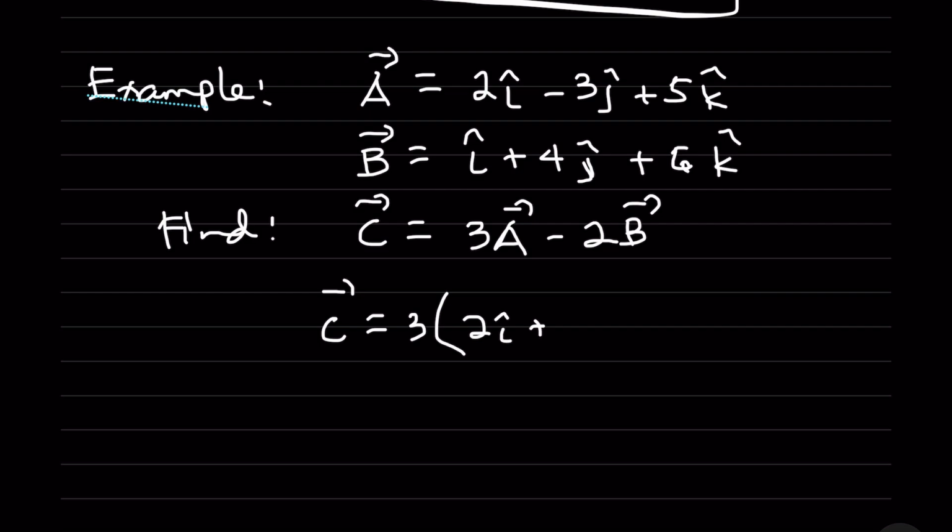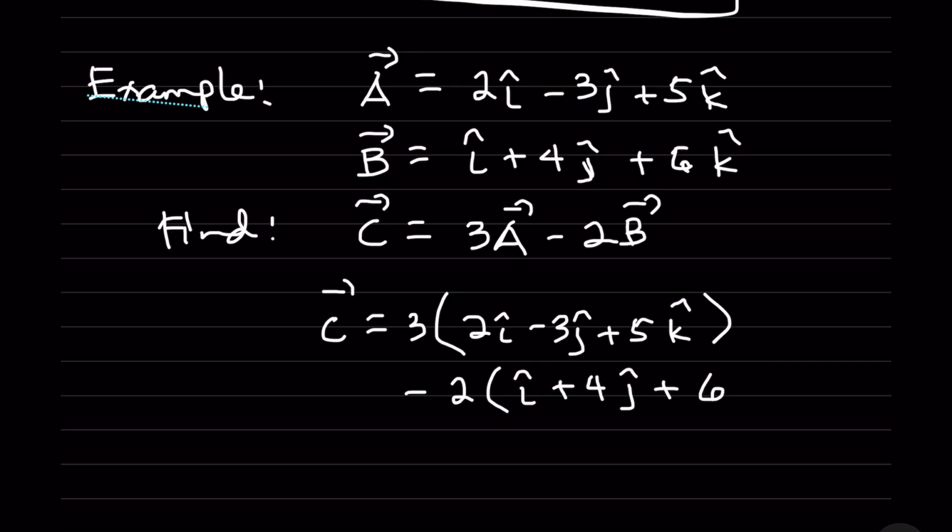This is very simple. You just have to substitute the components of vectors A and B and distribute the coefficients 3 and 2.